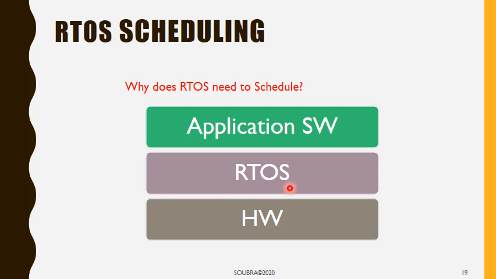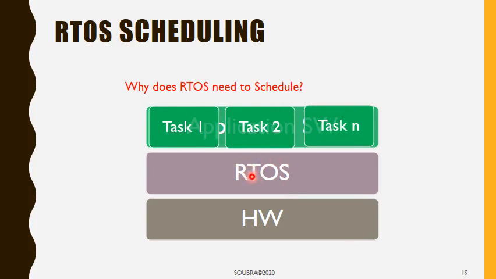Well, the answer is to make sure that deadlines are respected. Fair enough. From the RTOS point of view, whatever application software here is a bunch of user tasks. Fair enough. And this is where you implement the different functionality of a system that you want to have.